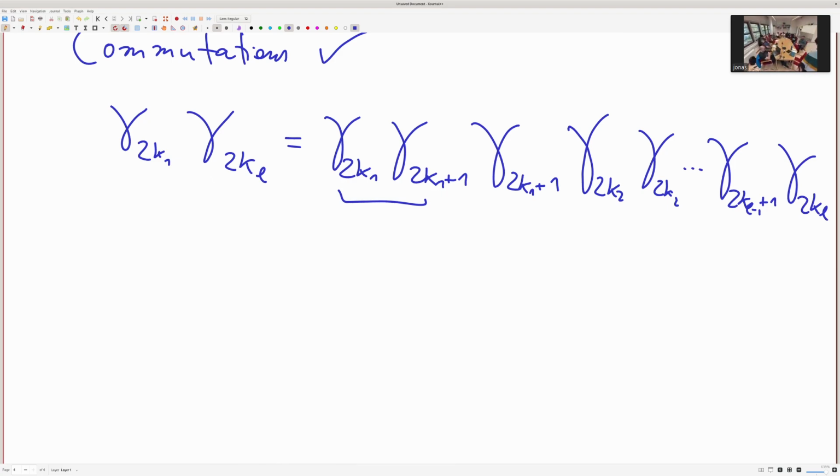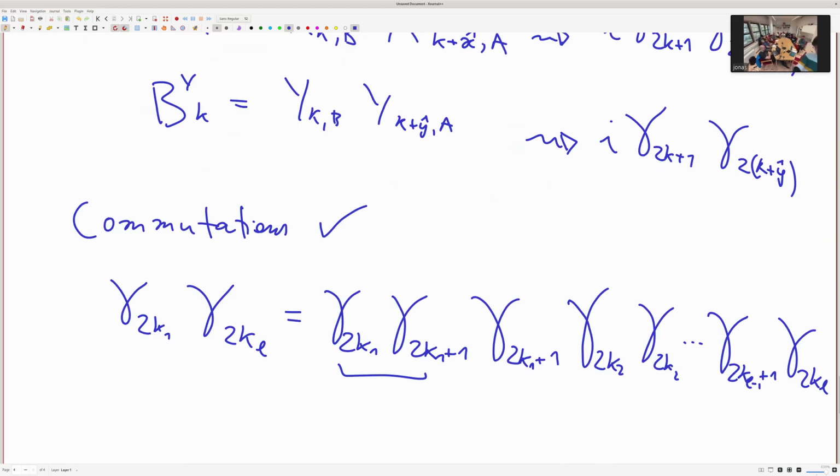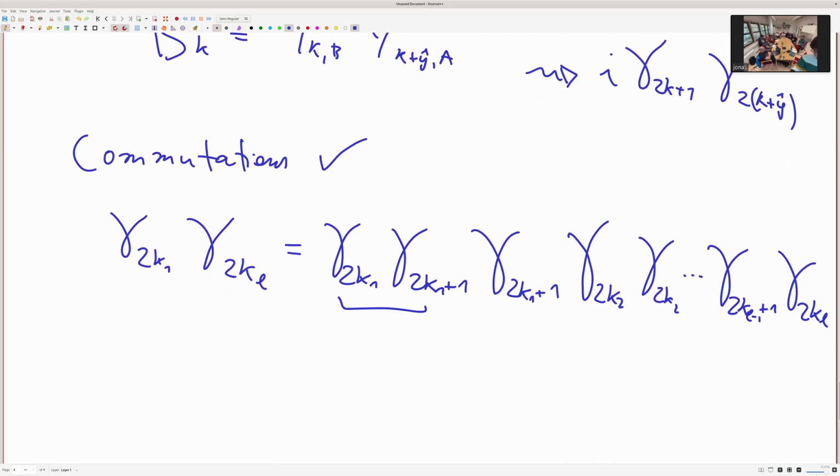Now you see that if I group them two by two in the opposite way to which I introduced them, these all correspond to bond operators of this form, because either they are gammas inside the same unit cell or in neighboring unit cells.